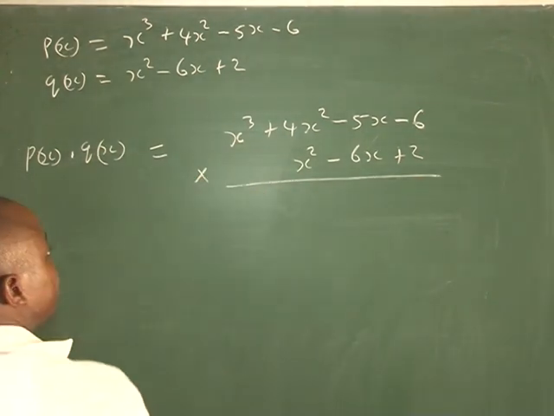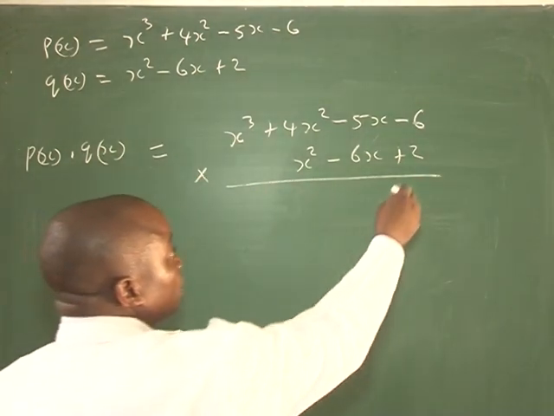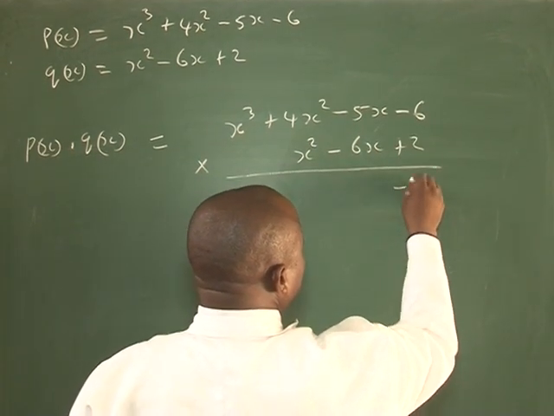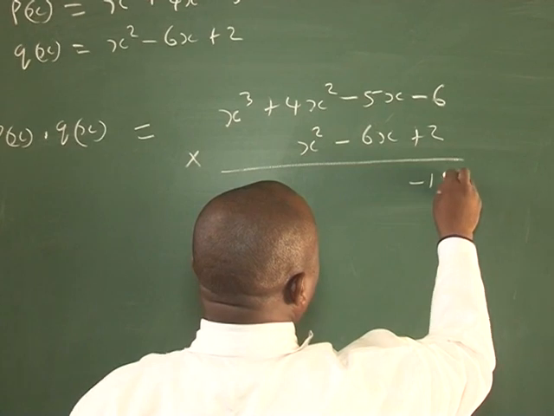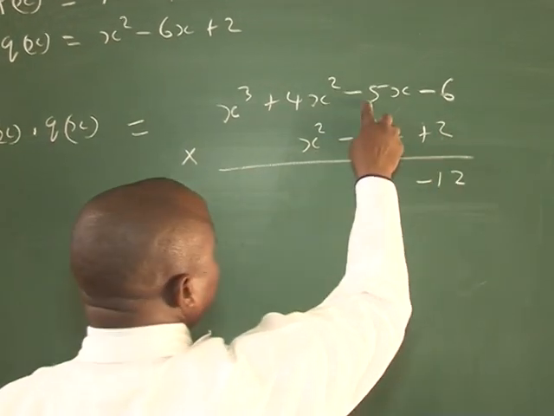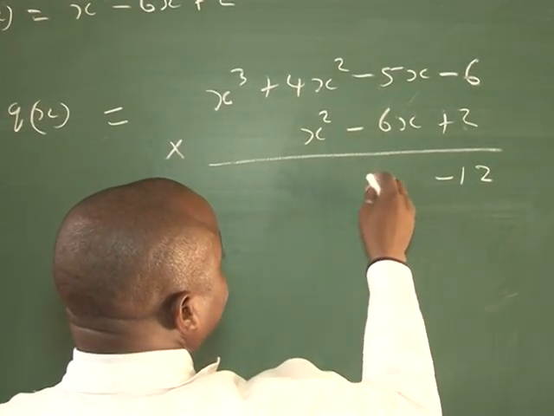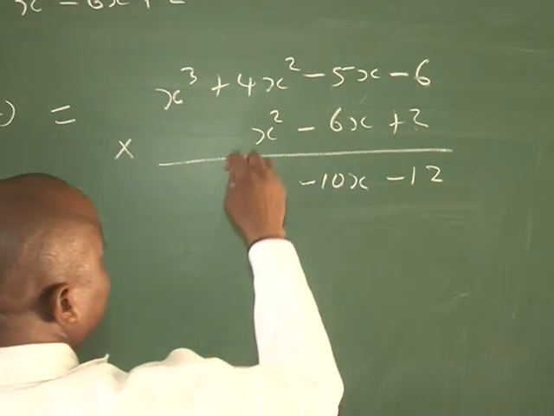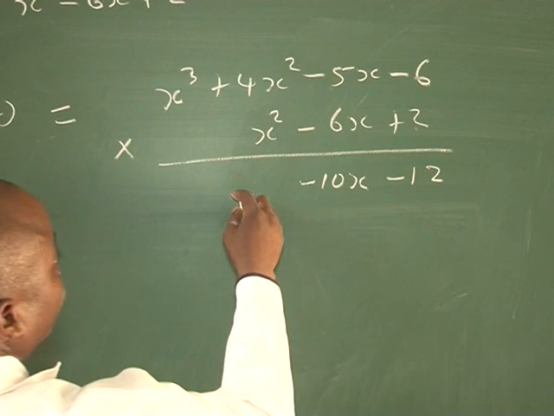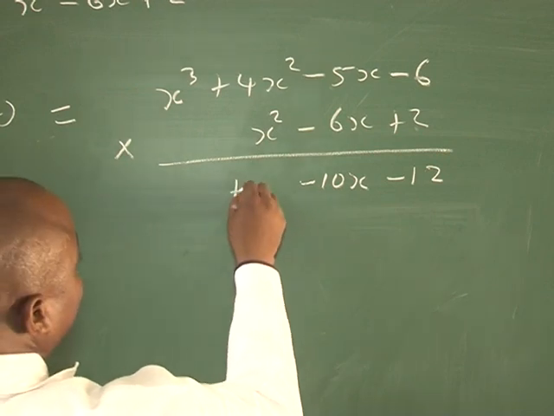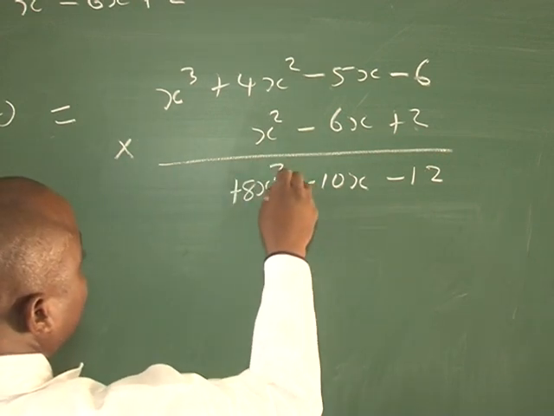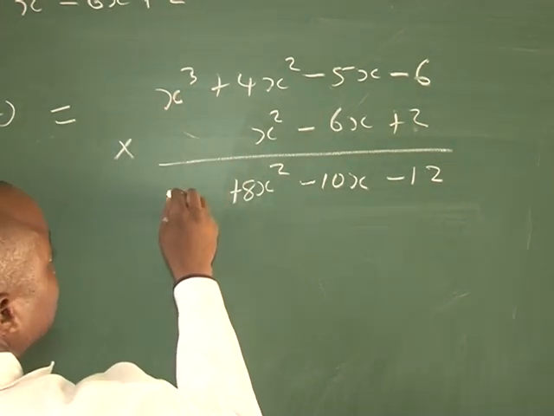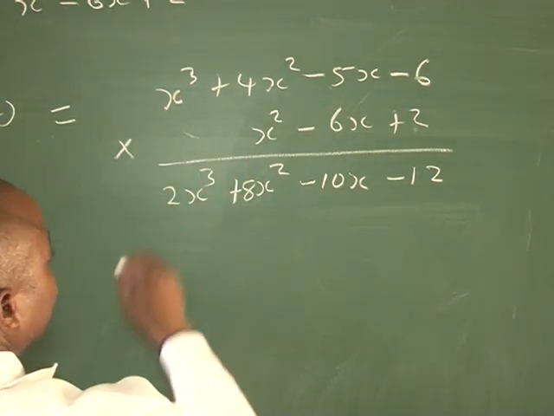As we are multiplying, 2 times minus 6 give us minus 12. 2 times minus 5x give us minus 10x. 2 times 4x squared give us plus 8x squared. 2 times x cubed give us 2x cubed.